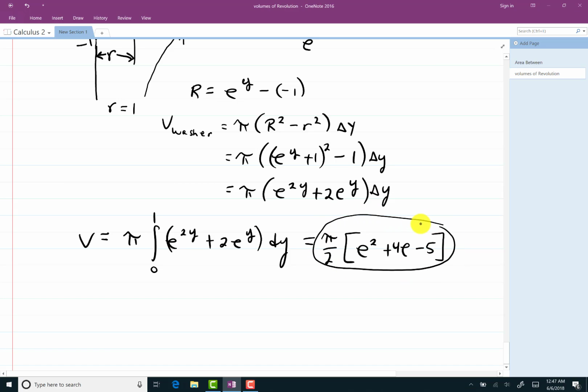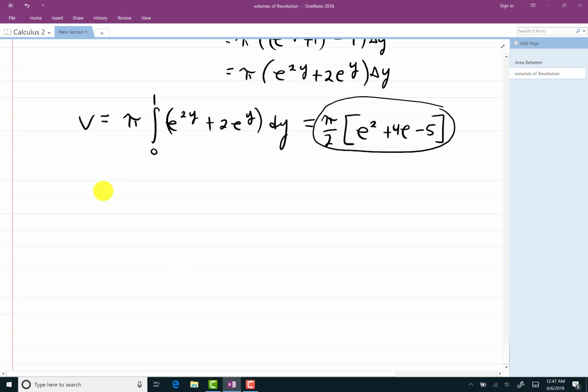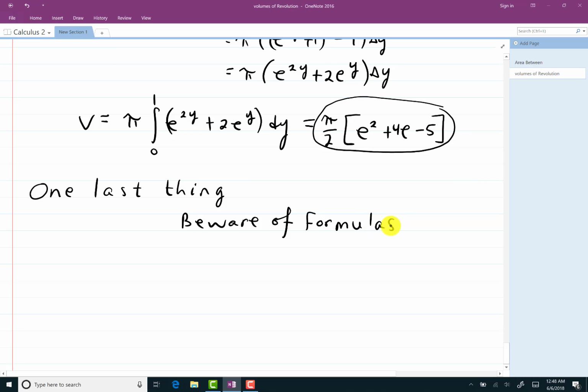Okay, one last thing. And that is beware of formulas. Students in these classes typically write lots of formulas down.